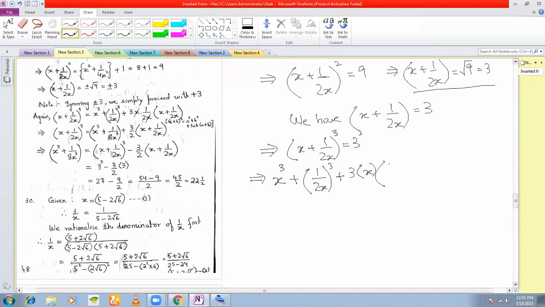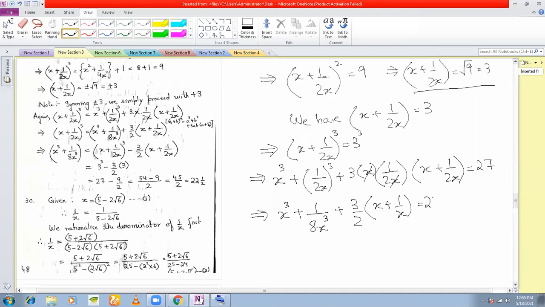Thrice ab into a plus b is equal to 3 cube, which is 27. Now you have x cube plus 1 by 8x cube plus, this x cancels, you simply get 3 by 2 here into x plus 1 by x is equal to 27.